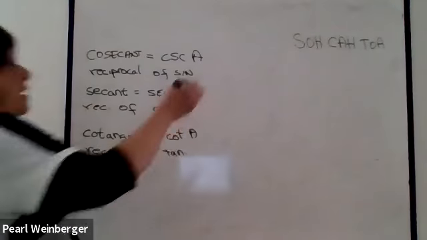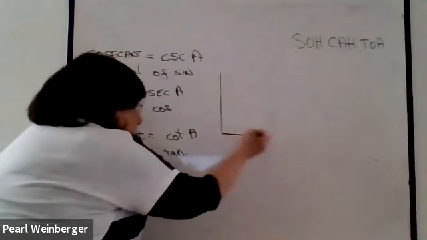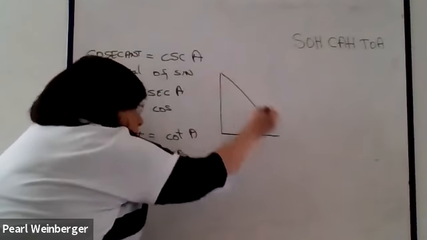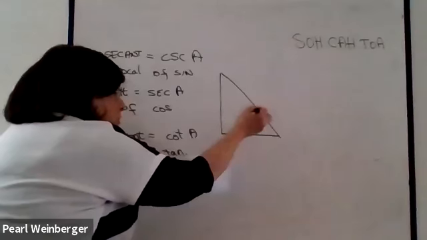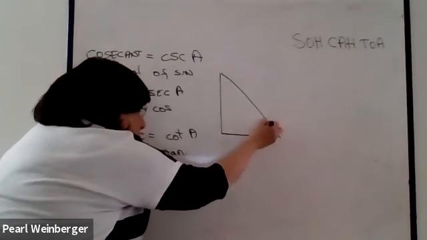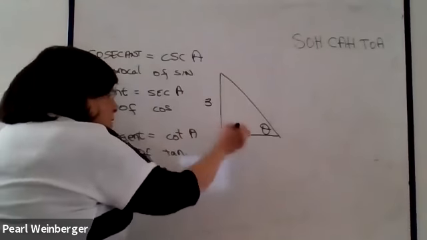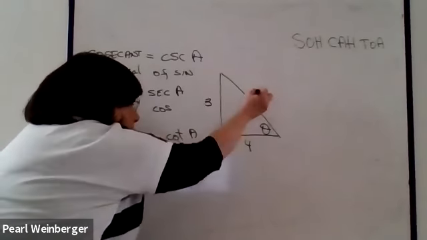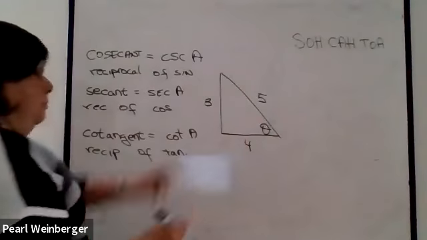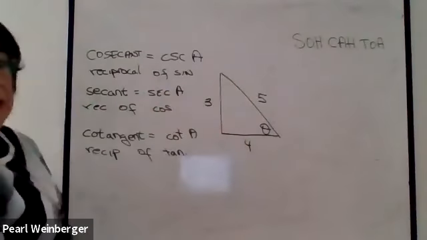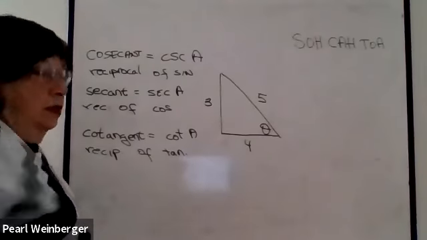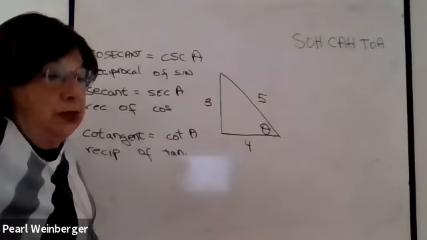Let's take a simple triangle. Let's call this my angle theta. Let's say this is 3, this is 4, and this is 5. Remember, 3, 4, 5 is a special Pythagorean triple.